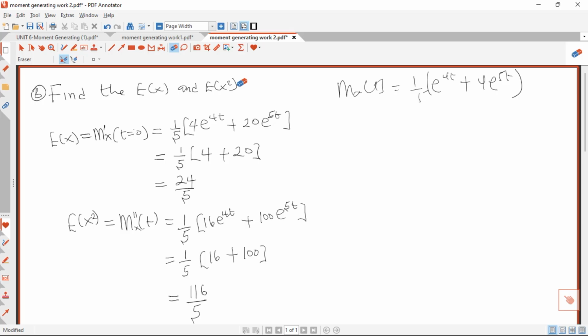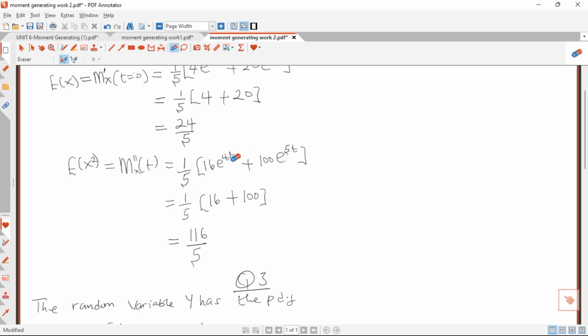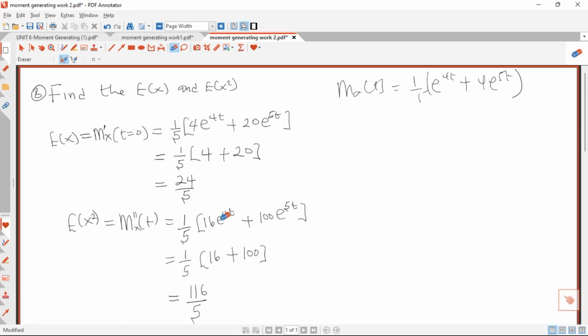What about the expectation of X squared? For the expectation of X squared, we are going to take the second derivative of the moment generating function. But already we have the first derivative to be 1 over 5 times 4 times e raised to the power 4t plus 20 times e raised to the power 5t, right?